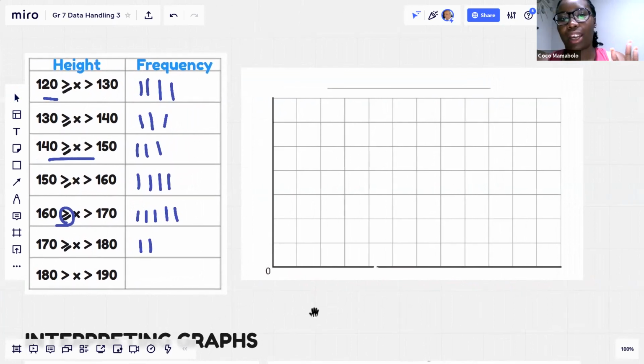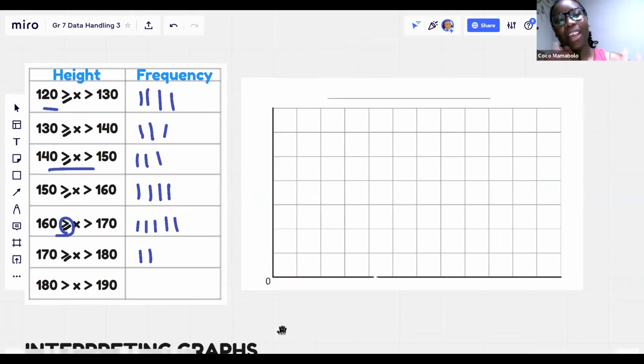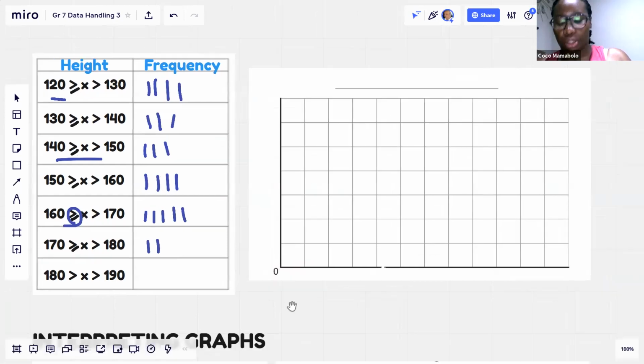Okay, so we want to gauge how many of these we have. So we're going to count how many categories or how many levels we have so that we can space them out on the x-axis properly. Okay, so we've got 1, 2, 3, 4, 5, 6, 7 categories.